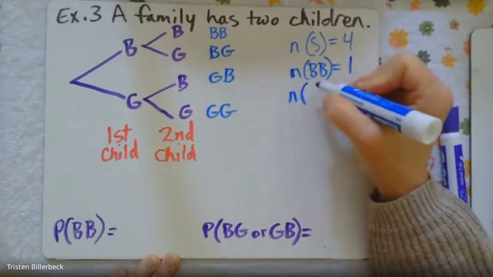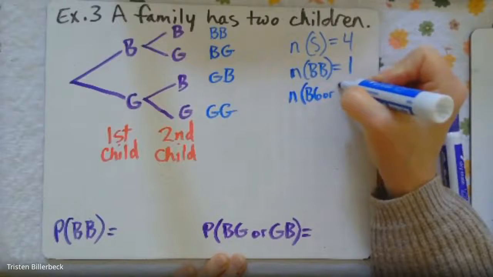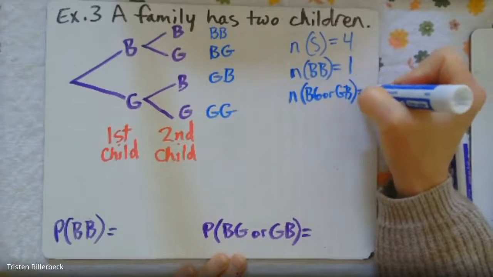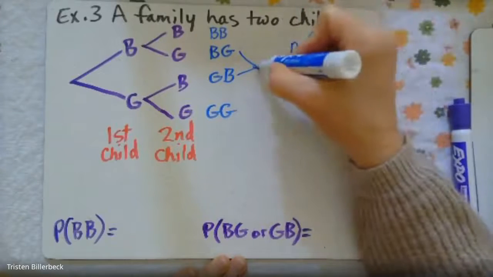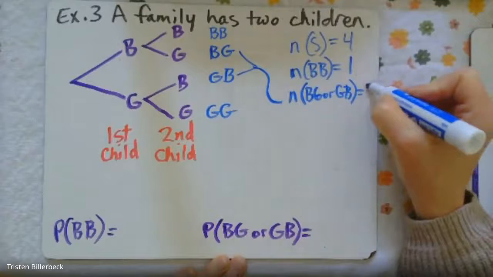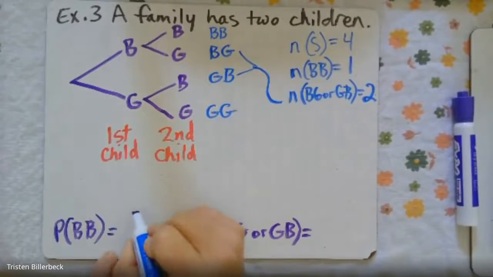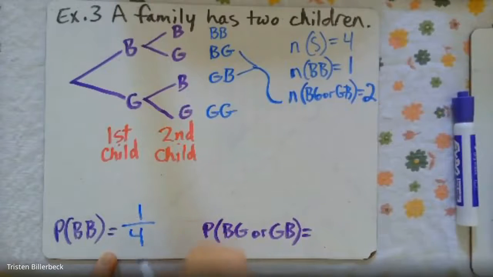And the number of outcomes that are boy, girl, or girl, boy, well, we have 2. So when we organize that together, we have 1 over 4 in our sample space.